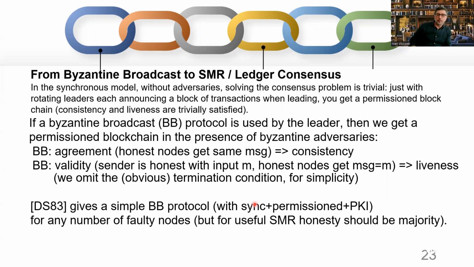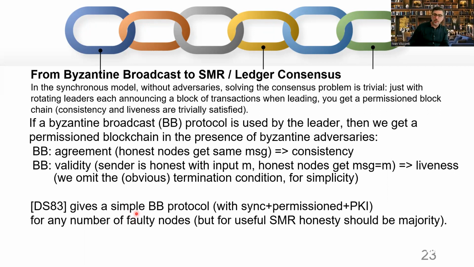One property that is interesting in this protocol is that it works for any number of faulty nodes. This means that we are not assuming that there is just one adversary or three adversaries or 10% of the players are corrupt. No, any number can be corrupt.